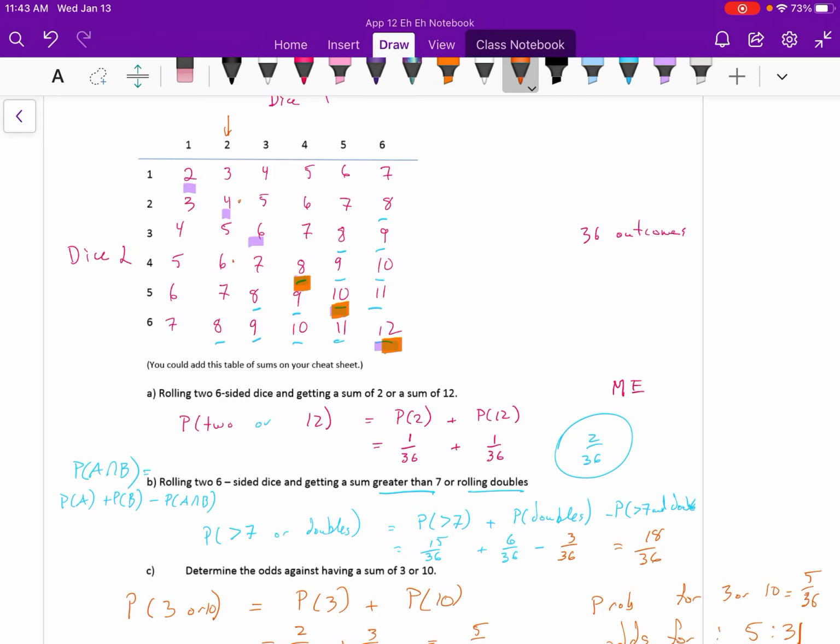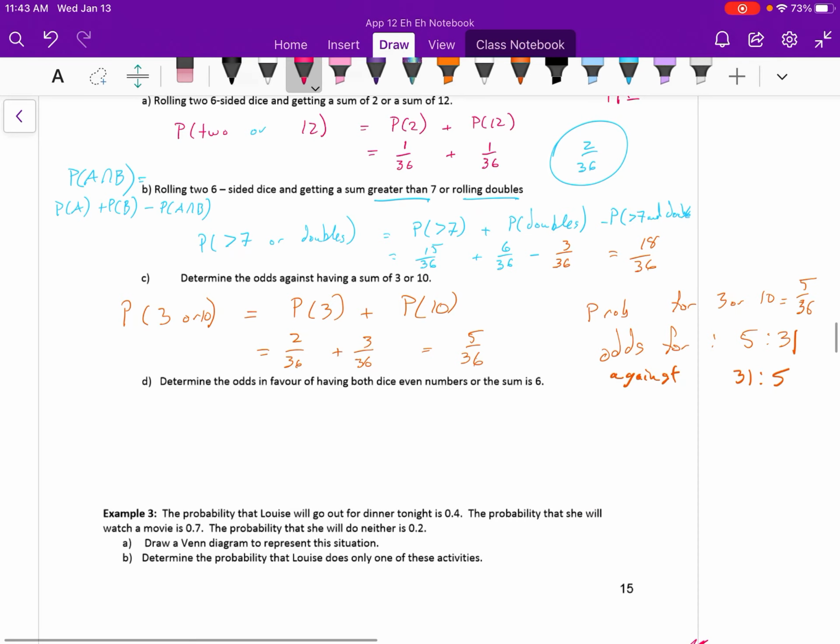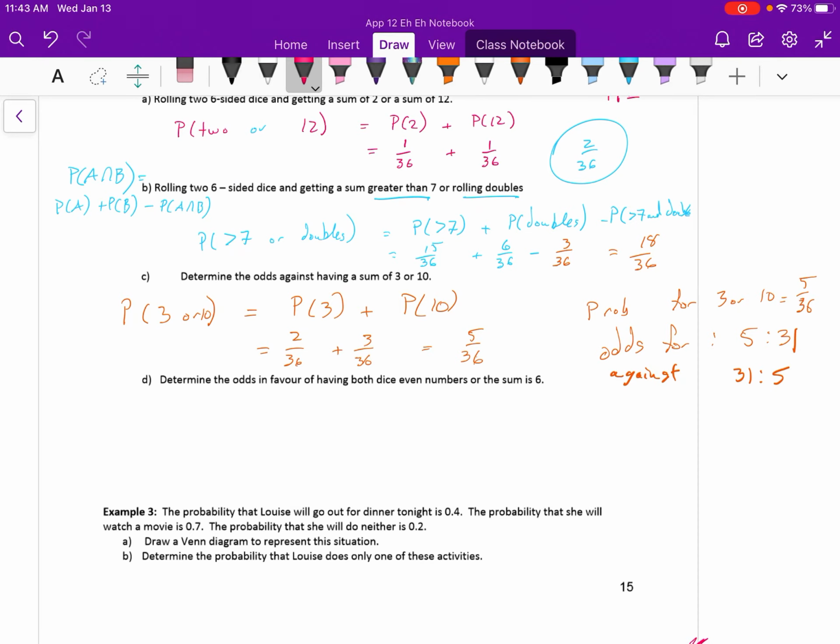So that occurs 1, 2, 3, 4, 5, 6, 7, 8, 9. So both dice are even. That occurs 9 times out of 36.